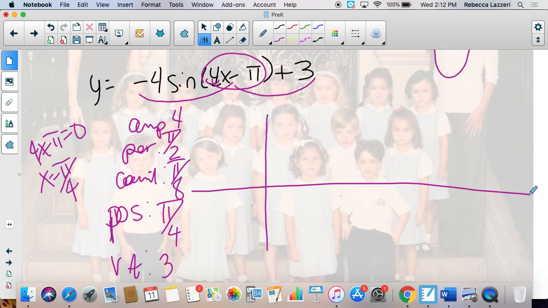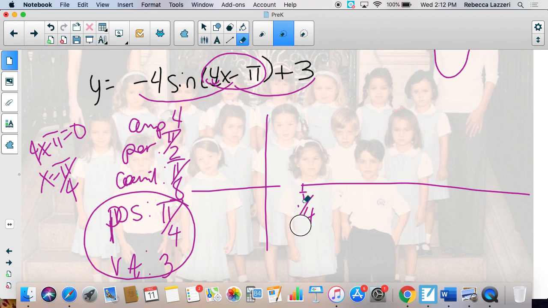You'll find your target first, what you're going to count from. If Nazareth says this is pi over 4, that's great with me as long as she's consistent with the size of her mark.